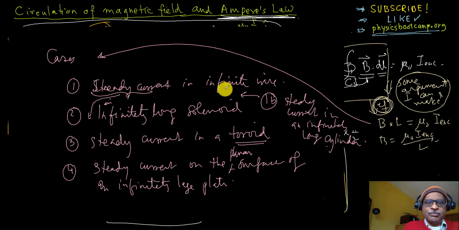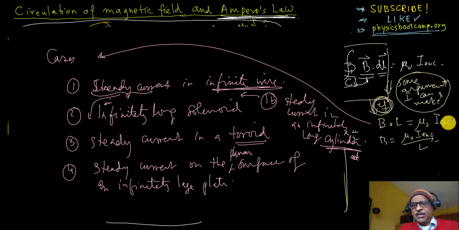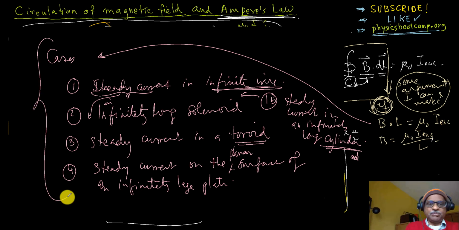Now, when you have an infinite wire, there is no inside of the wire. For a cylinder, you can have a magnetic field at a point inside the wire, magnetic field at a point outside the wire, and so on and so forth. So we are going to try to do these problems in the future. Actually, very next things.